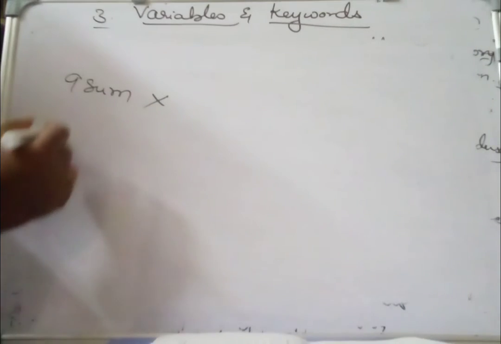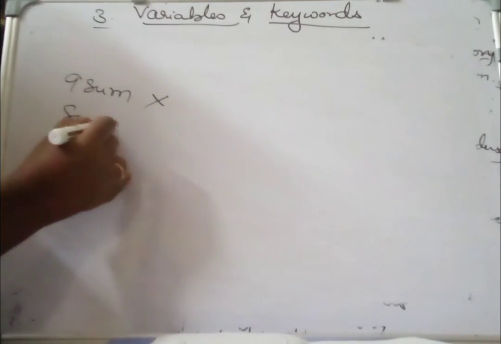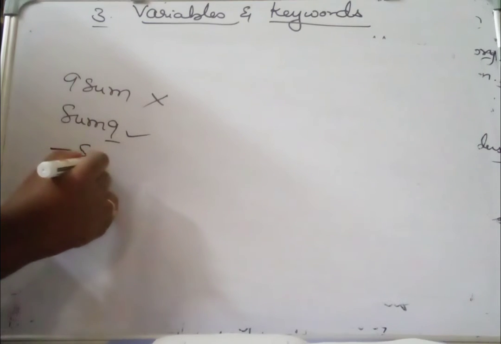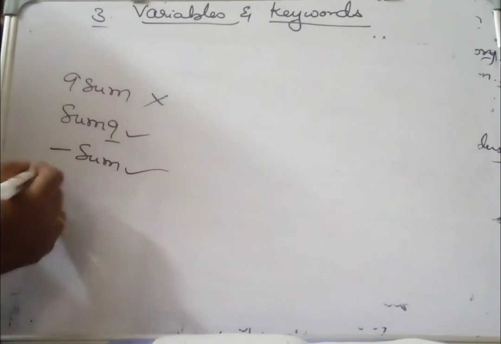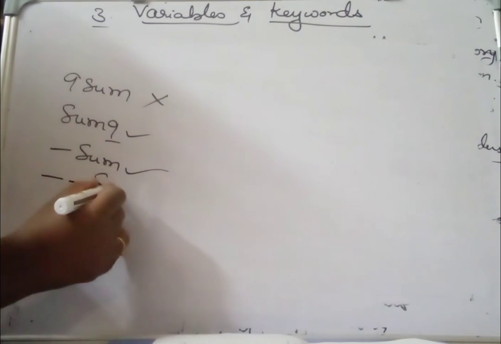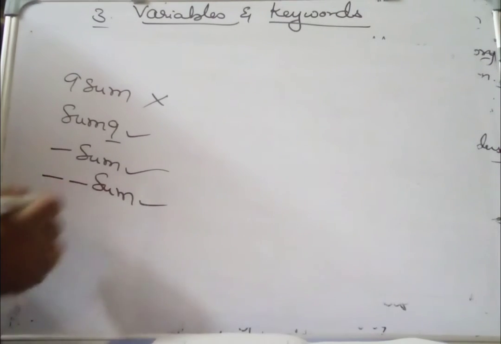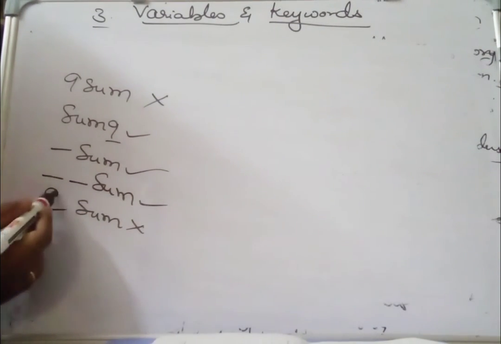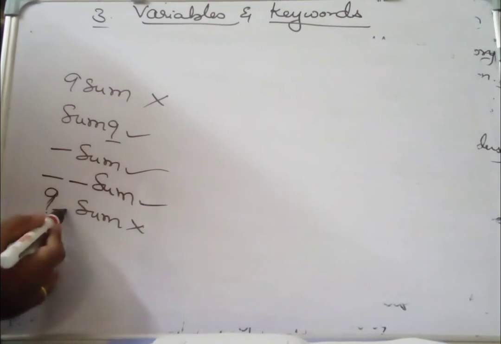For example, if my variable name is like this, it is an invalid variable. Or if my variable name is like this, yes, it is valid. Or if I write _sum, yes, it is a valid variable. If I write 9_sum, no, this is invalid because it is beginning with a digit.